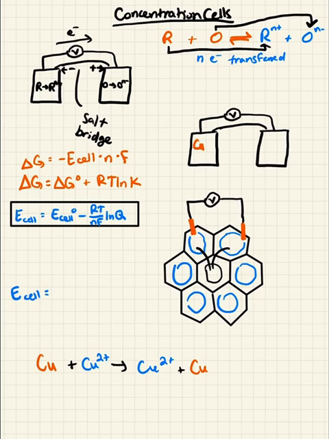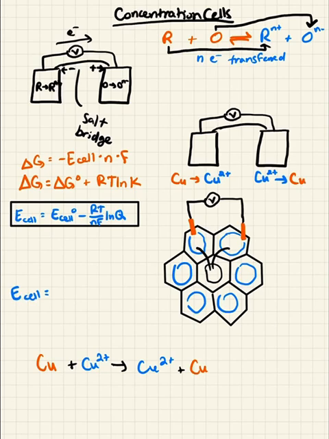Actually, let me write it below because it's going to take up some space. All right, so copper metal becoming copper 2+ on the left cell. And on the right cell, we'll have copper 2+ becoming copper metal.